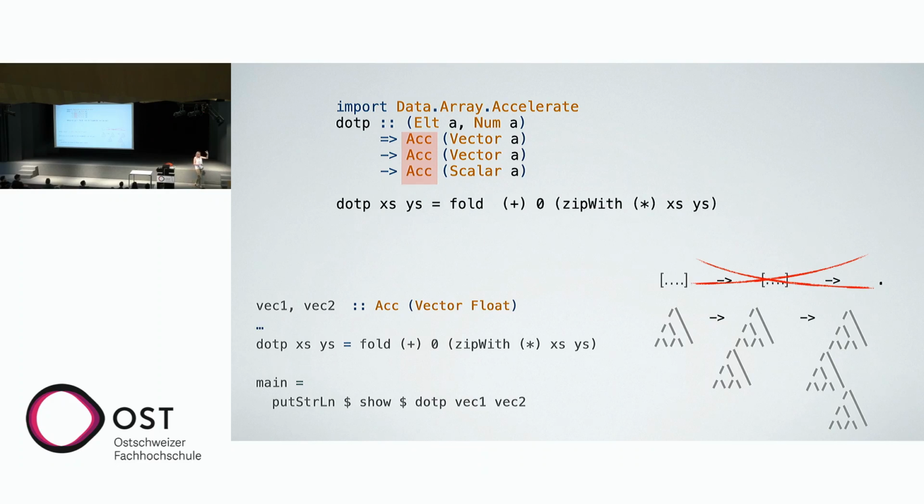takes this tree and does the optimization. So we're not relying on GHC optimizations, but on specific optimizations. So this Acc type constructor expresses the fact that it's not a vector of A, but a computation that will result, once evaluated, in a vector. And consequently, this line below will not work because show of this would print, if it were in the Show class, the abstract syntax tree, which is probably not what you're expecting.